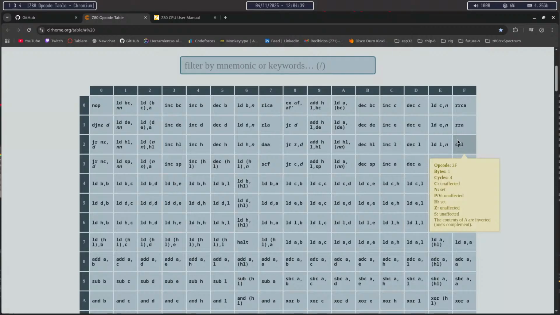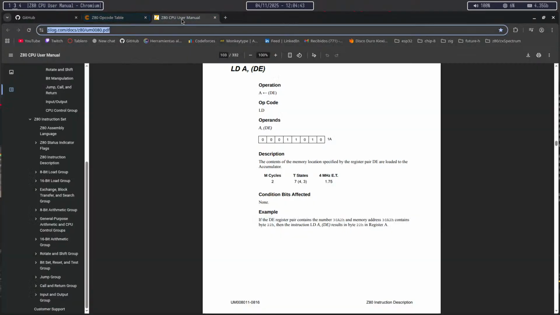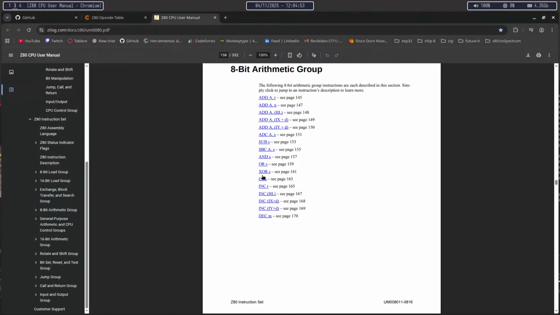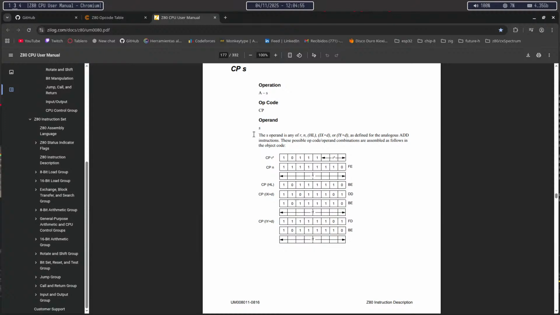CPU, the contents of A are embedded. Once complement. I have to take a look at this one. Block transfer and search. CPO, right? Arithmetic group, CPS. Okay, not that one.